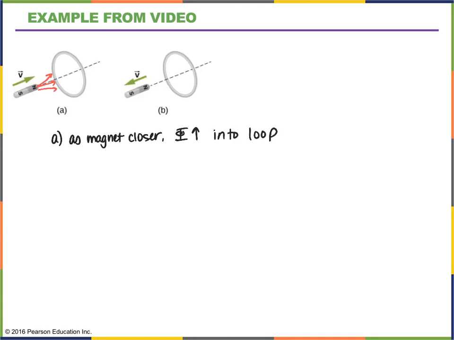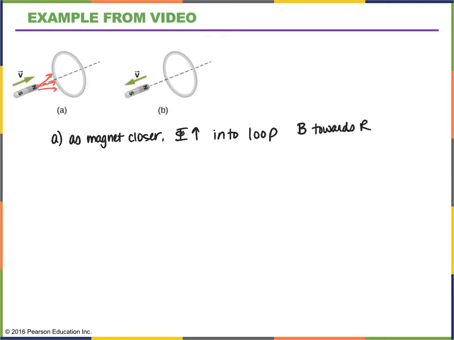Let's say that the field is pointing towards the right. And it's getting stronger because the magnetic field lines diverge as they get further away from the magnet, but as I bring the magnet closer, the field is going to get stronger. So the flux is going up, the magnetic field is going into that loop from left to right.